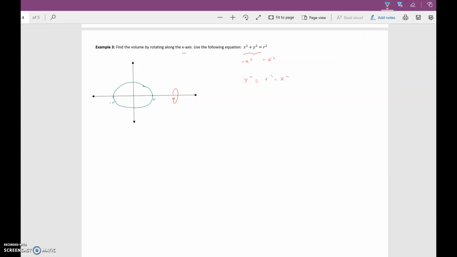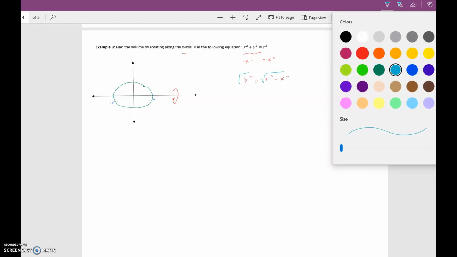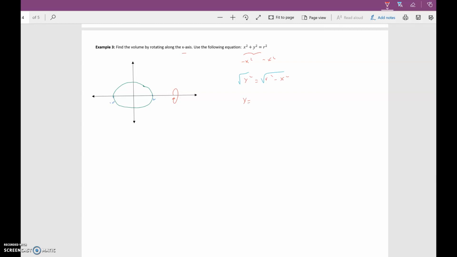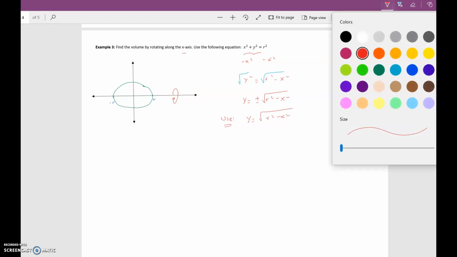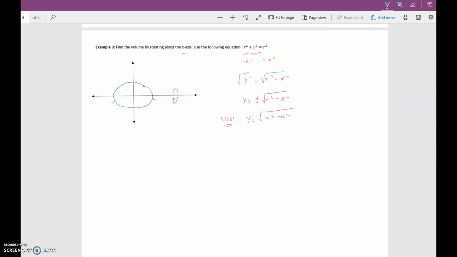Then take the square root of both sides. So you would get that y is equal to plus or minus the square root of r squared minus x squared. You only need one piece, so use y is equal to the square root of r squared minus x squared. I'm going to use that as the function.